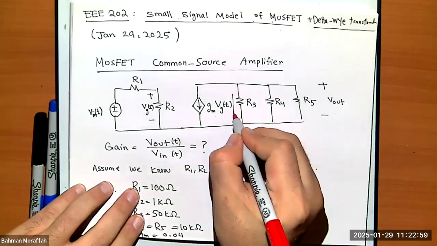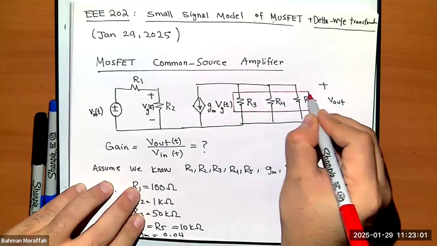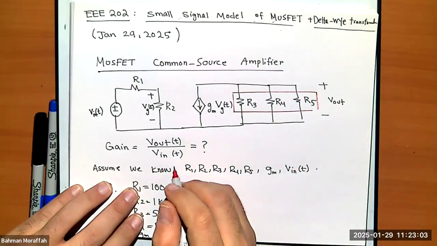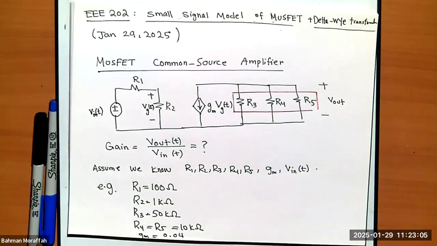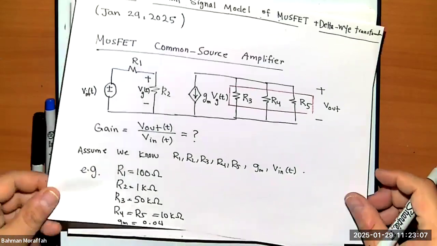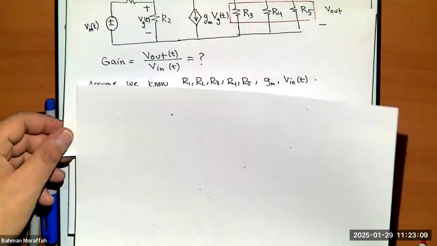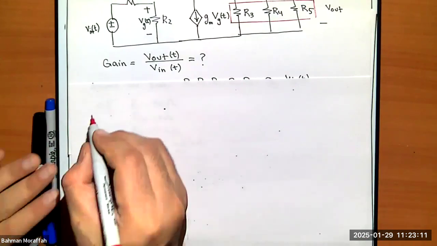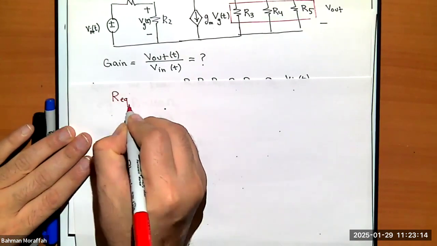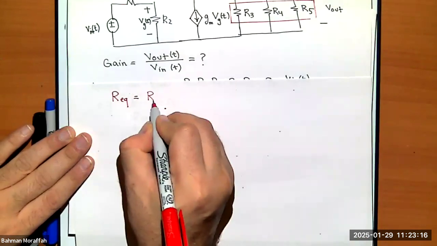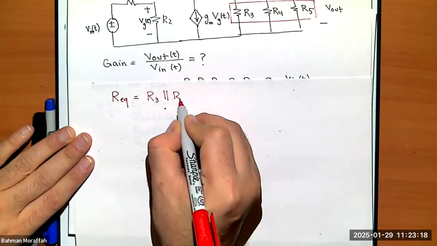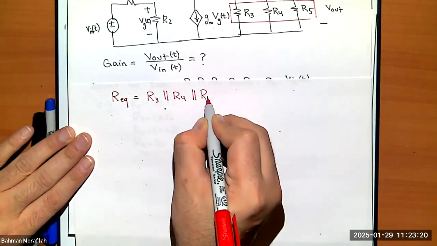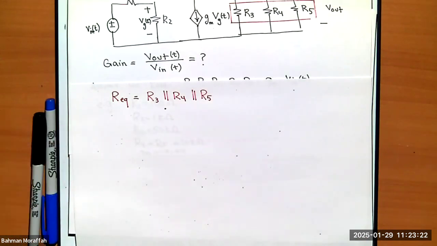Let's combine these into their equivalent. Let's call it R equivalent. R equivalent is R3 in parallel with R4 in parallel with R5. Right? So let me redraw the circuit. Given this, I can redraw the circuit.